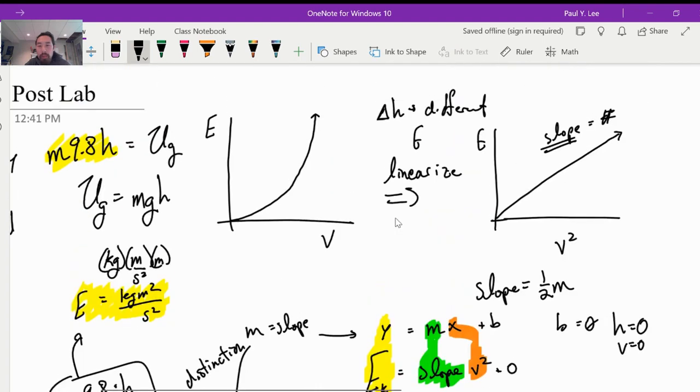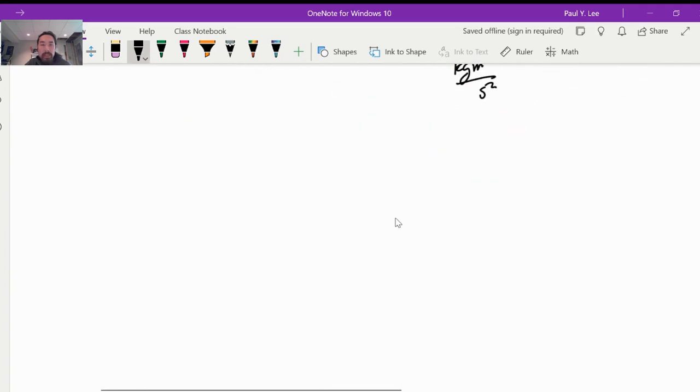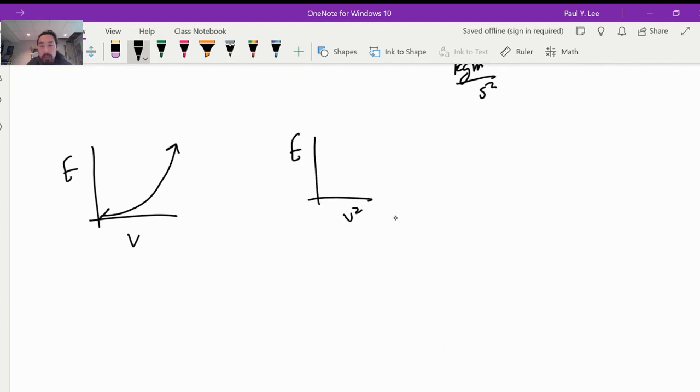I think the other important thing about this is that we can make a couple of big distinctions, right? So we know that our graph looks like this, and it also looks like this.